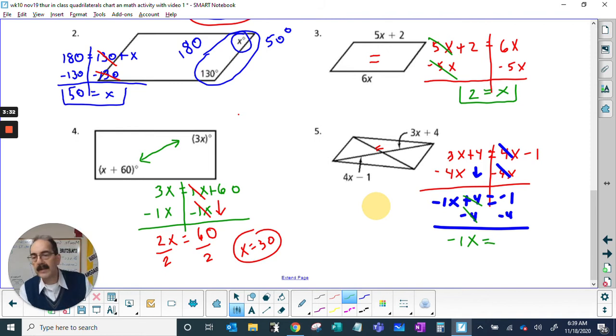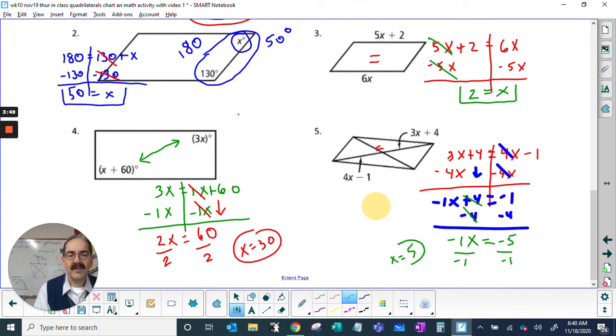Now remember, if negatives are a bother, you owe me $1, then you owe me 4. How many total do you owe me? 5. Now, negatives, I've got negatives on both sides. Let's get rid of it. Divide by a negative, and x is equal to positive 5. Now remember, anytime you have negatives, just click on your calculator button, okay? Pause the video, take a look at those. Let's move on.